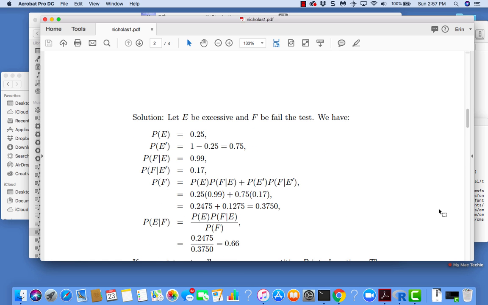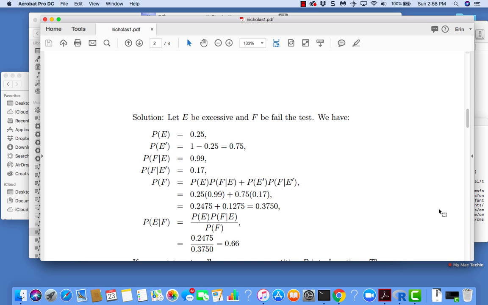So what I did here, I said, all right, I'm going to let E be excessive amounts and F be failing the test. So I know from the story, I have the probability of E is equal to 0.25. The probability of not excessive amounts is 1 minus that 0.25, which gives me 0.75.